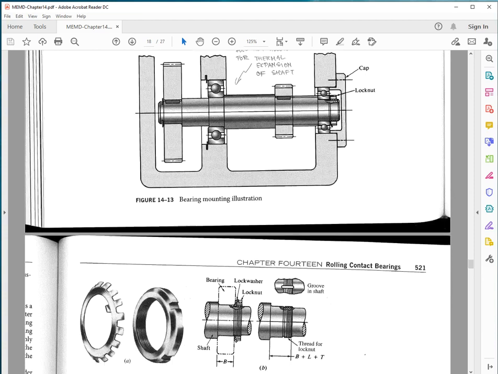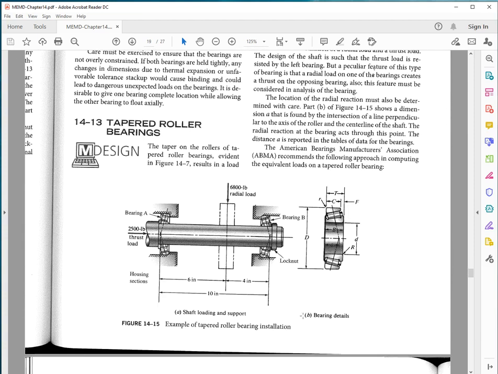One is with taper roller bearings. So I've seen designs where there's a taper roller bearing on a loaded area of a bevel pinion that's overhanging, and then on the opposite end you have a cylindrical roller bearing that allows for thermal expansion.